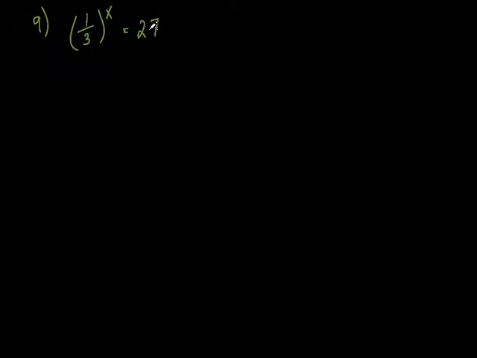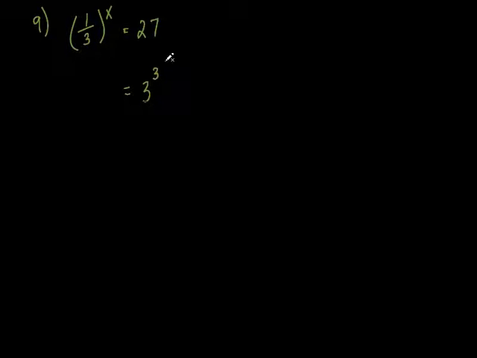So what do you think we're going to do? Let's take a look at this one. How do you think we're going to rewrite this? 27 should be one of those numbers that kind of jumps out at you a little bit. What to a power is 27? 3 to the third. Good. So let's do that. That's about the only thing I can think of as far as 27 is concerned.